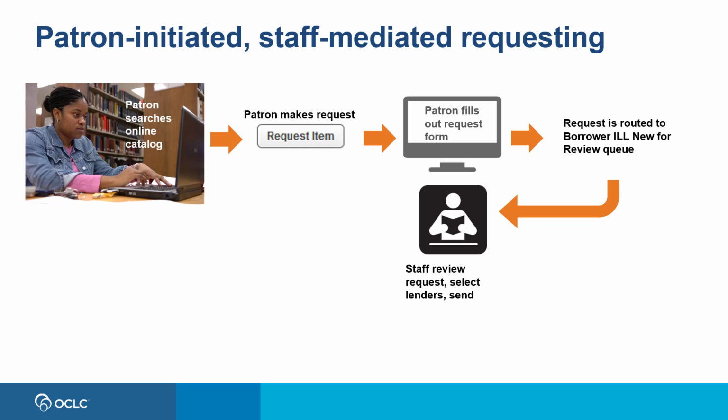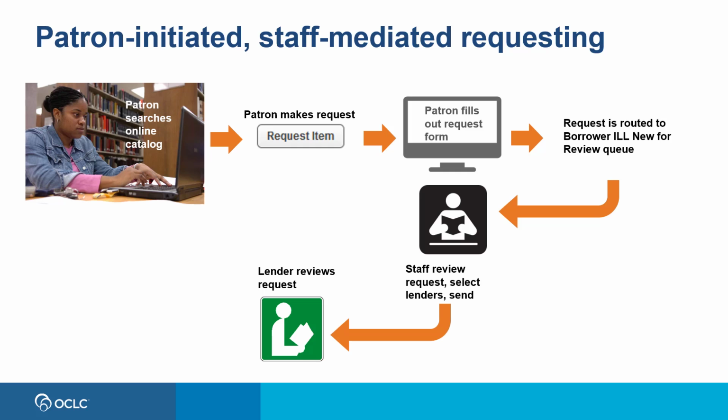From there, the borrowing library can verify the citation submitted by the patron, choose the lenders they would like to request the item from, and submit the request to them. Then the lending library will review the request and answer.